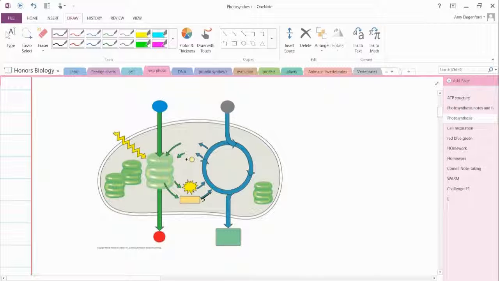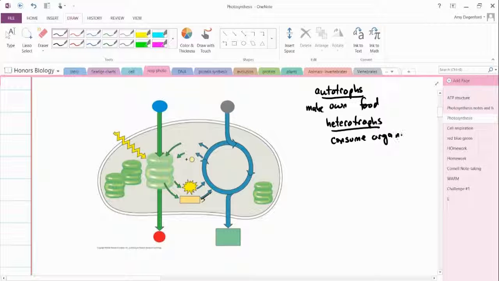Now there are a couple of names for that. We have autotrophs. And autotrophs are organisms that can create their own food, synthesize their own food. And then there are heterotrophs. And heterotrophs are organisms that must consume organic material.